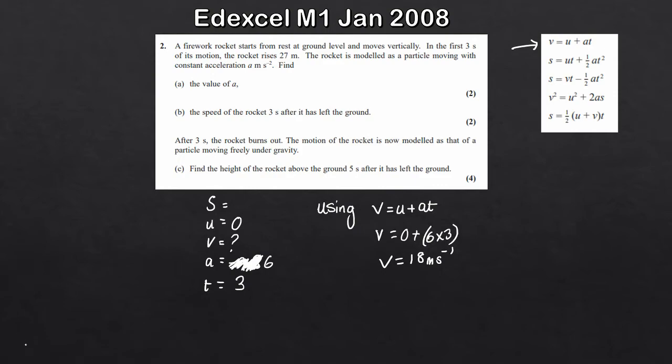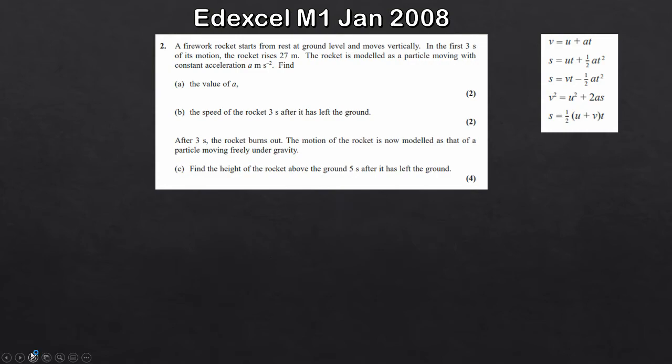And then finally for part C, again, if we just clear everything. So what we want to do now is find the height of the rocket above the ground 5 seconds after it's left the ground. So what we're told is that after 3 seconds, the rocket burns out, and then the motion of the rocket is now modelled as that of a particle moving freely under gravity.